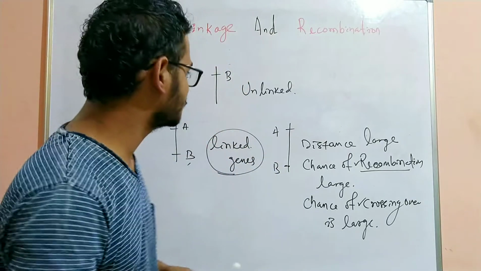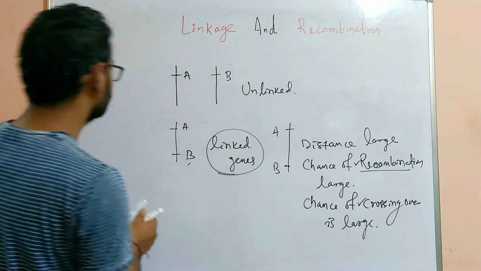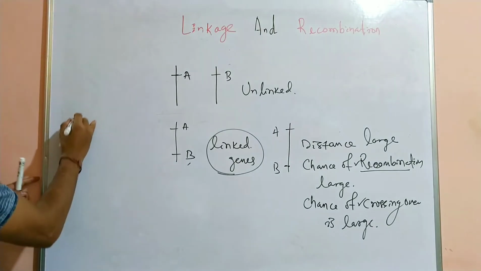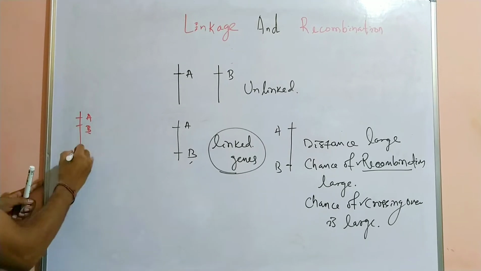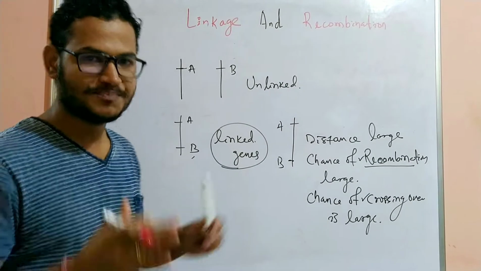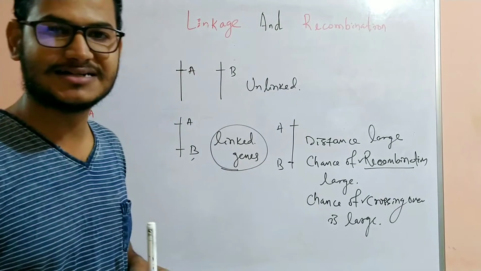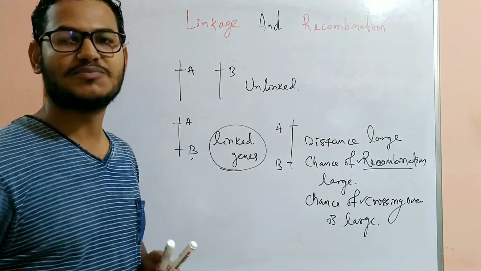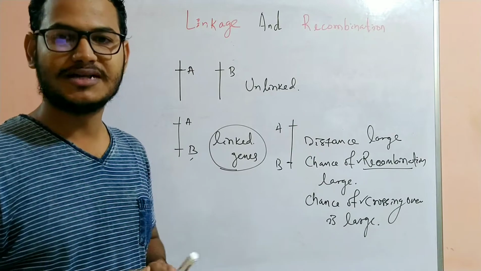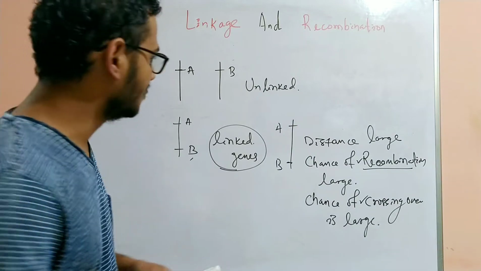But when the distance is small, meaning the two genes are present in a single chromosome and they are close to each other, when they are closely placed, the chance of recombination or crossing over is small.